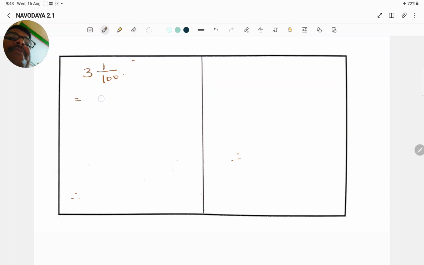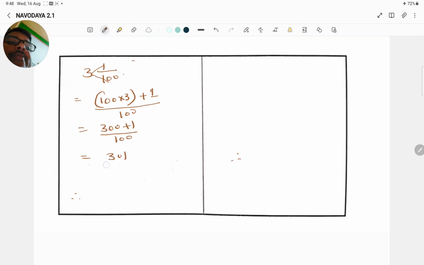I want to convert it. Now 100 into 3 plus 1, divided by 100. 100 into 3 is 300, plus 1, divided by 100. Now 301 divided by 100. This is the improper fraction. 3 1/100 is equal to 301/100.